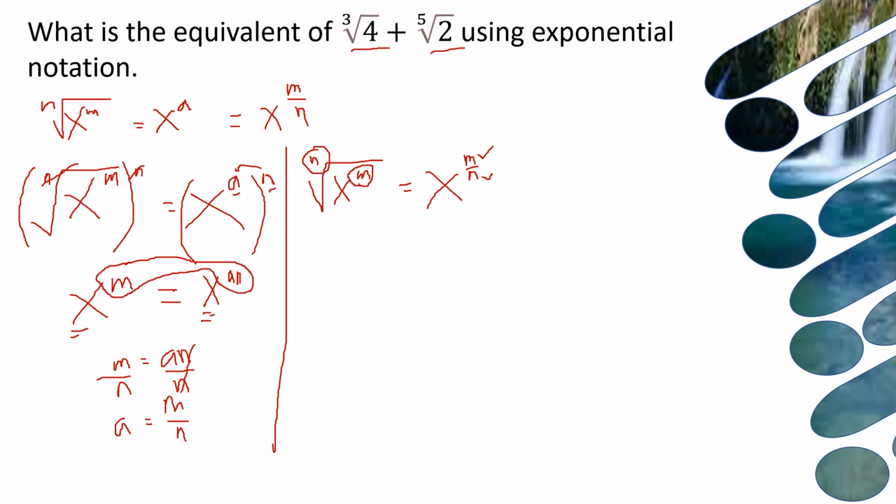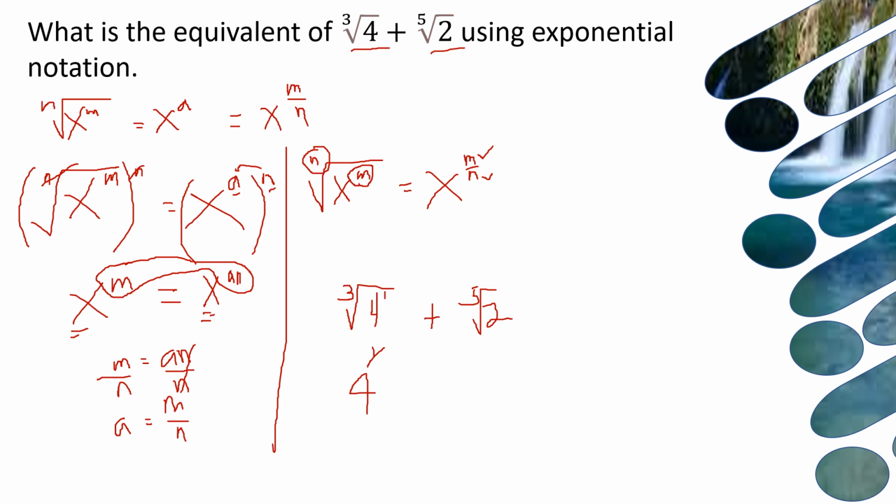So therefore, going back to our question, we express the cube root of 4 plus fifth root of 2. Then we have 4 raised to, there is an understood exponent of 1 here.